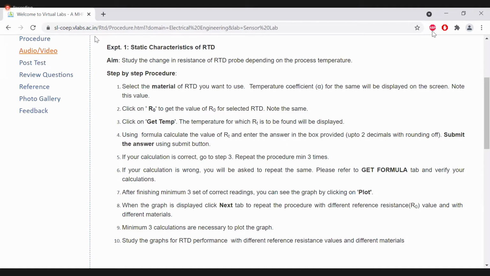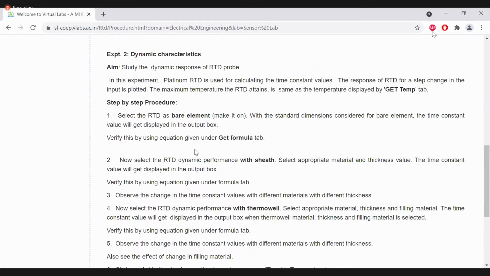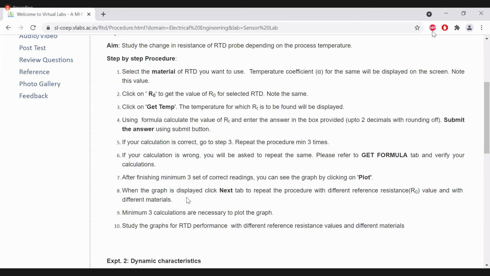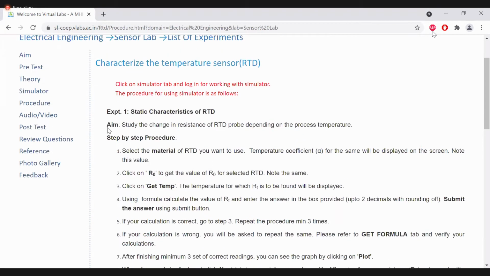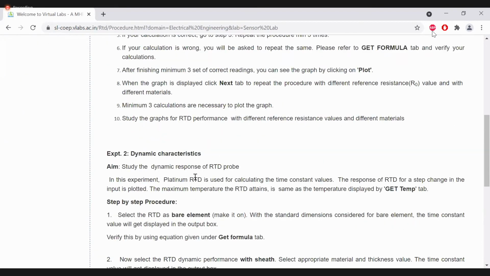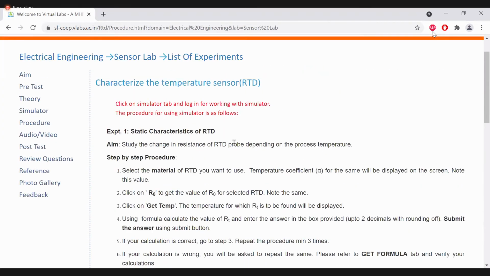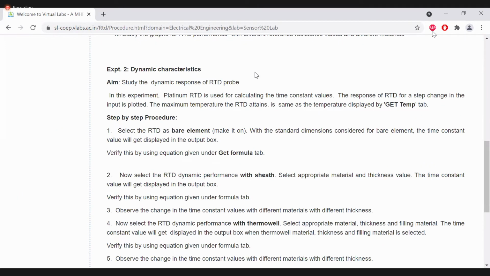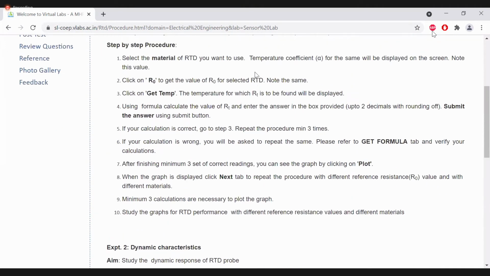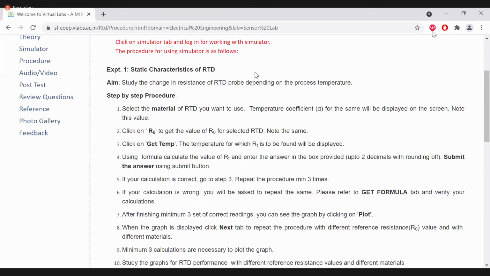Here you can see experiment 1 and experiment 2. These are the first part and second part. In this website they are representing as experiment 1, experiment 2, but both come under the same experiment. First part is analyzing the static characteristics. Second part is analyzing the dynamic characteristics. So go through this procedure. I will give you 5 minutes time. Then we will move to the conduction of the experiment.